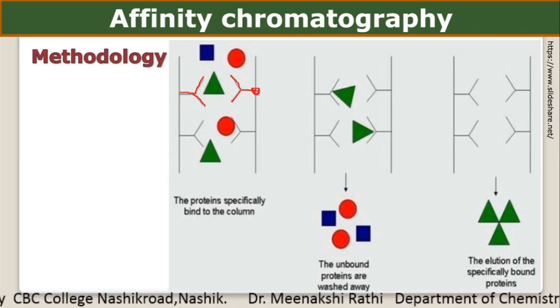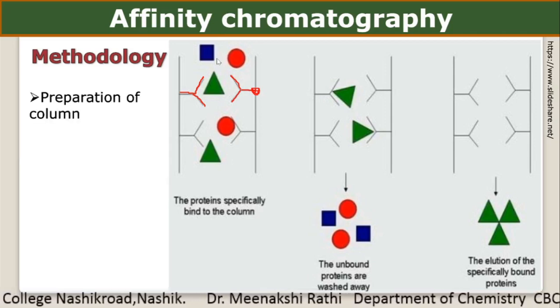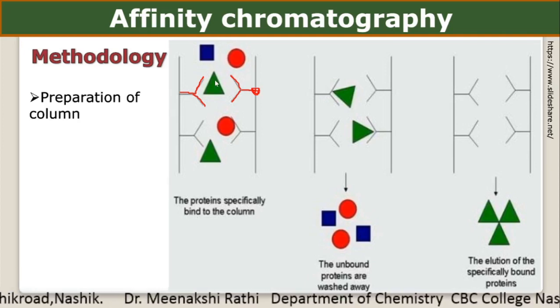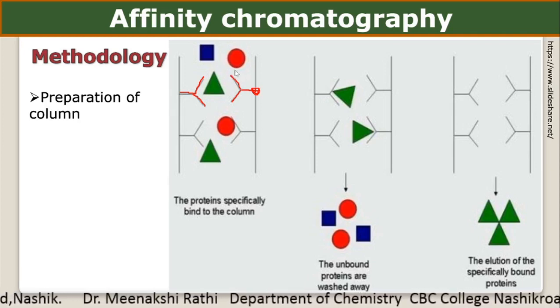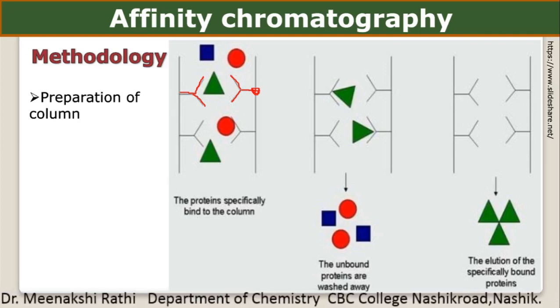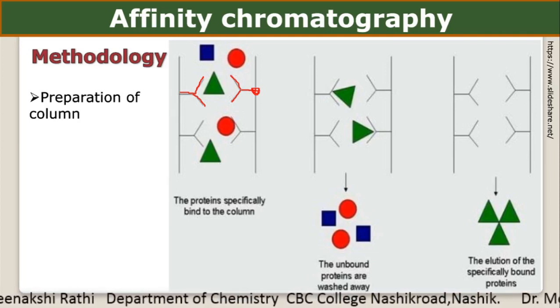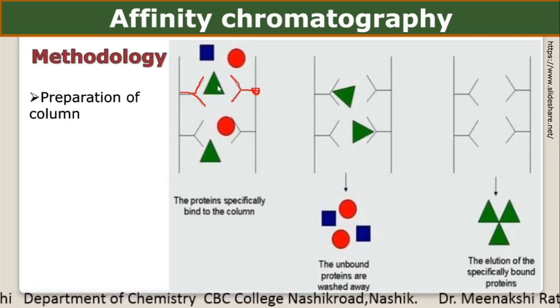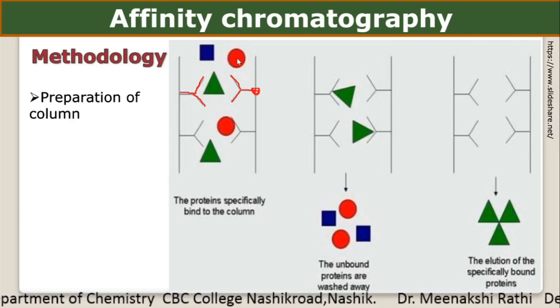Then the protein sample which we need to separate is passed through it. This is the protein sample with different molecules. Now the specific proteins will only bind to the ligand. Here there are different shaped proteins, triangular, square and circle.